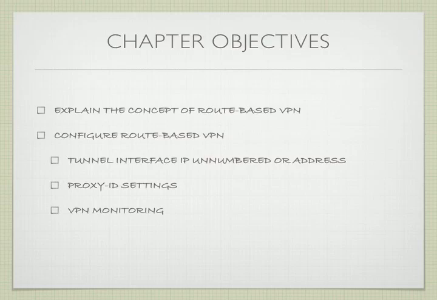These are the tunnel interface, either IP unnumbered or using a specific address, and how you handle proxy ID settings, because you will not be using the tunneling options and the generated proxy IDs. We're also going to talk about the VPN monitoring option that's available for VPN gateways and how to use that to keep tunnels up at all times.